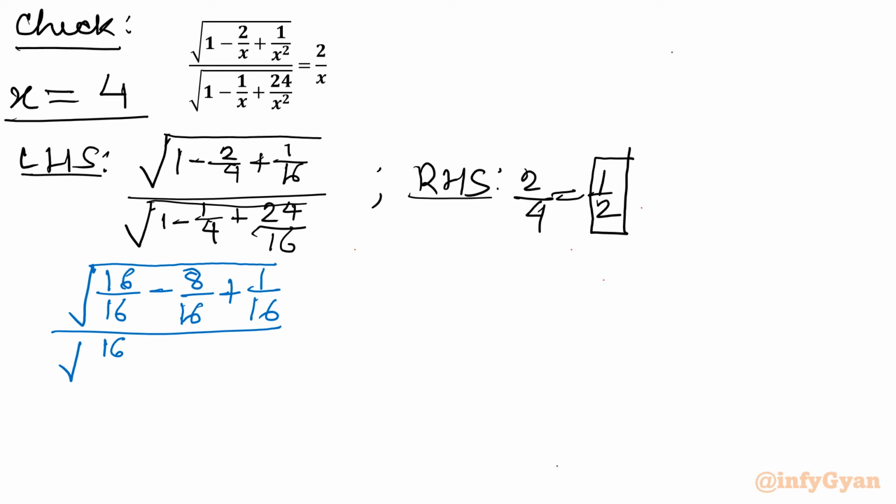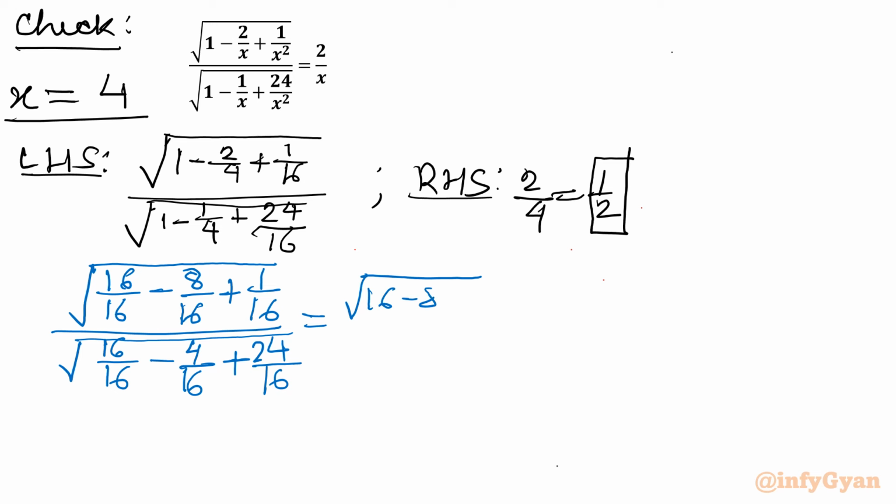Here I will be writing square root 16 by 16, then 4 over 16, then 24 with the denominator 16. Now I can write this will be equal to square root 16 minus 8 plus 1 divided by square root 16 minus 4 plus 24, after cancelling the denominators.